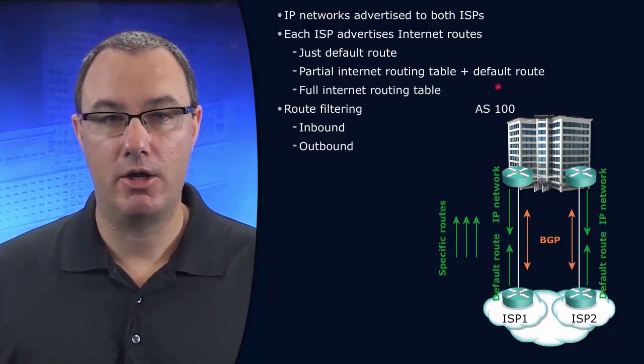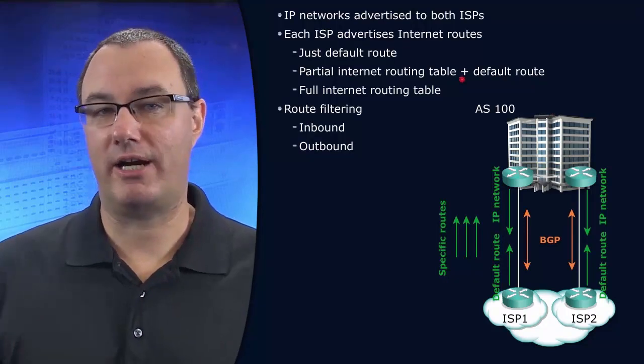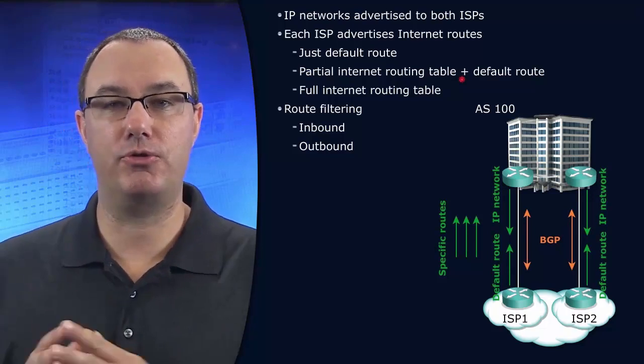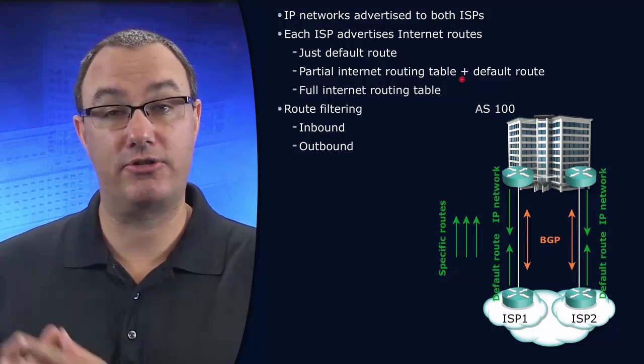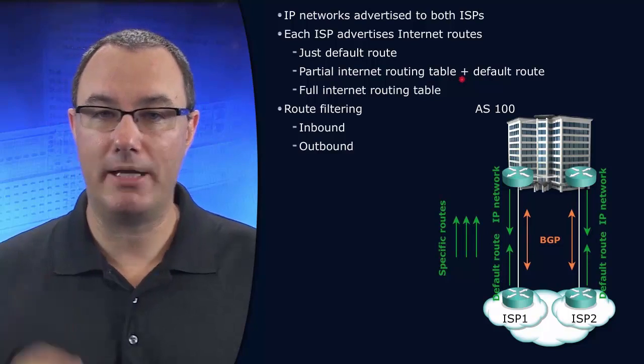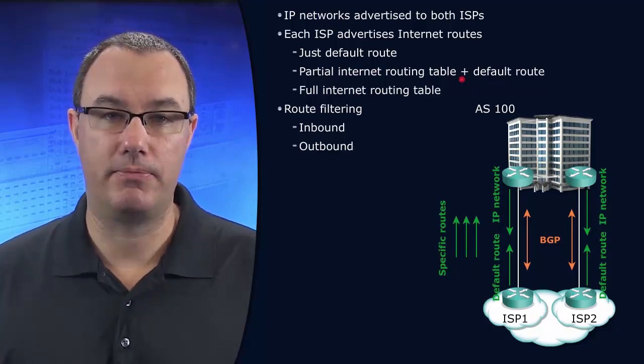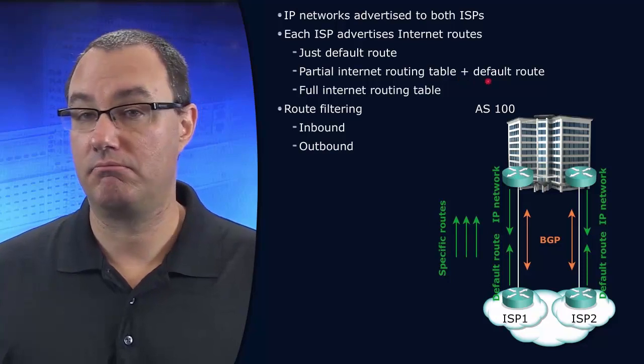But what if one of these ISPs is better or preferred to get to specific networks, such as networks that they own? We may choose to go with partial routes in order to reach those networks that they own. And then for the rest of the internet, do default routing.